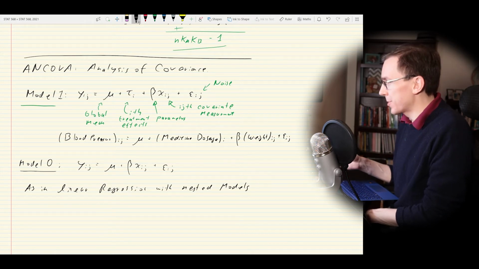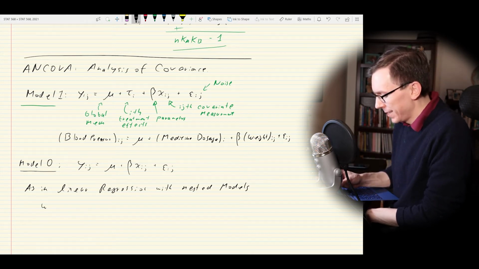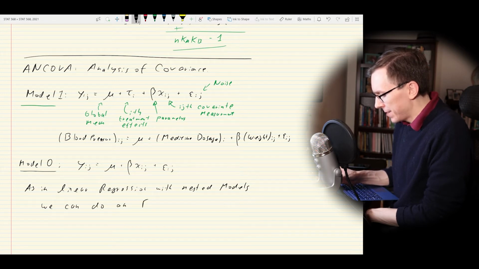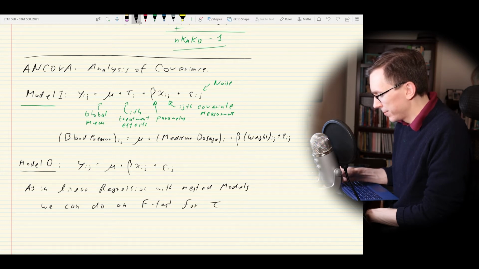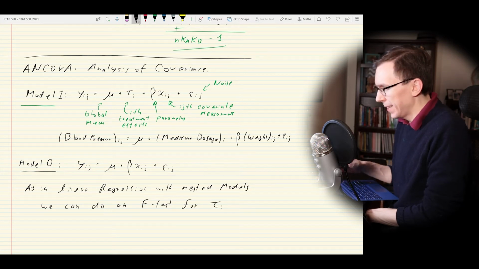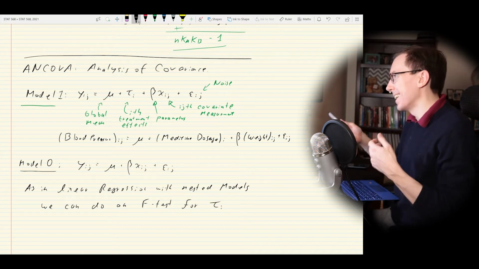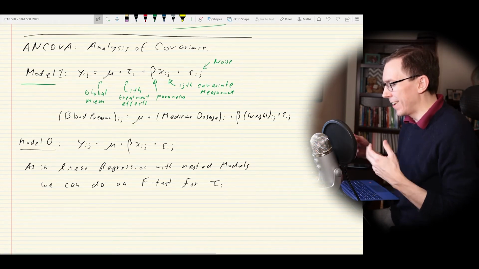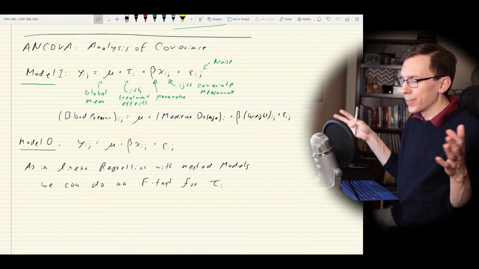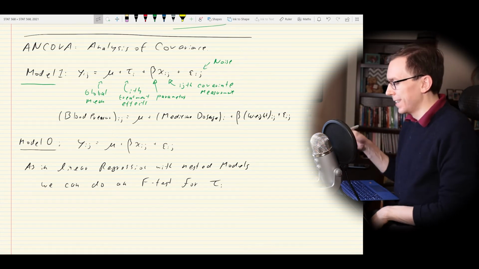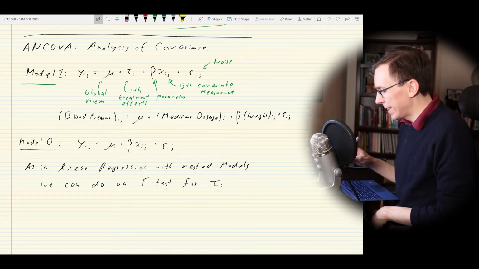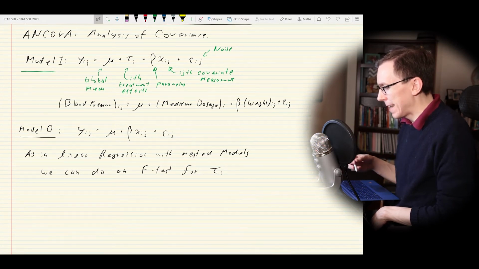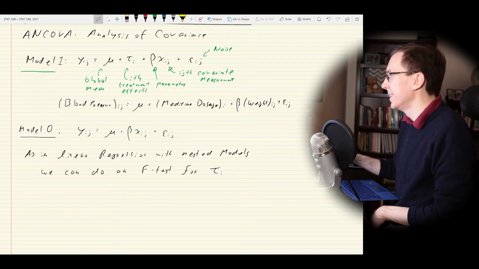So as in linear regression with nested models, we can do an f-test for the tau I. We're testing the null hypothesis that the tau I are all 0 or are all the same, versus the alternative that there actually is some significant difference among how the tau I affect the outcome y.